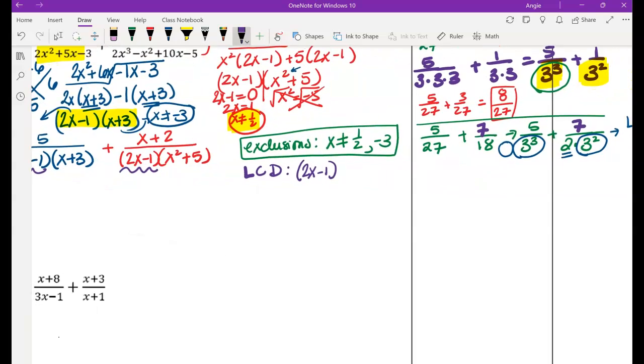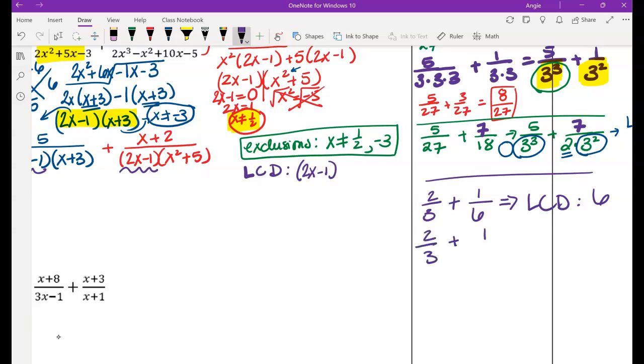And here's why we only take one. If I say 2/3, guys, plus, let's say, 1/6, your lowest common denominator, LCD, would be 6. And the reason is that 1/6 is 2 times 3.